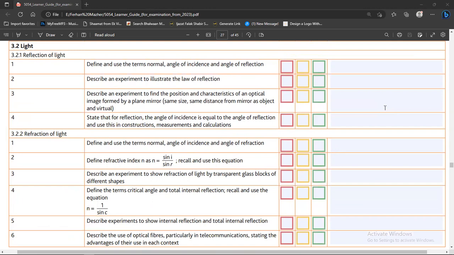Describe an experiment to find the position and characteristics of an optical image formed by a plane mirror: same size, same distance from the mirror as the object, and virtual. State that for reflection, the angle of incidence is equal to the angle of reflection, and use this in constructions, measurements, and calculations.